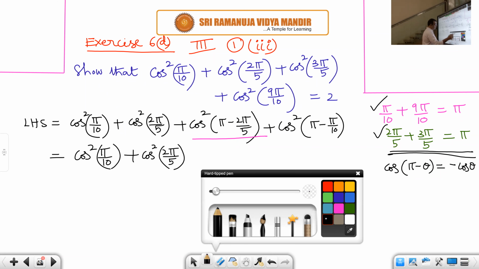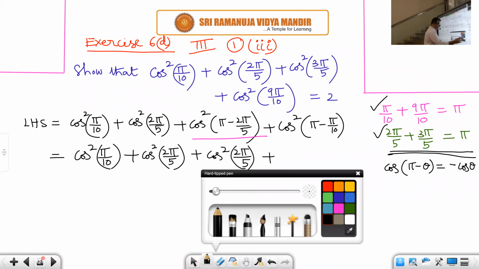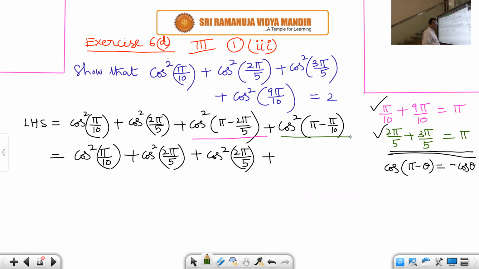So the first term is cos square pi by 10, the second term has no change, and the next term is plus cos square 2 pi by 5, actually minus cos 2 pi by 5 but squared. Similarly the next one also.